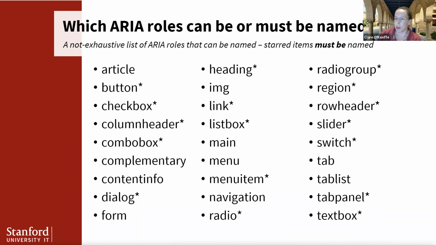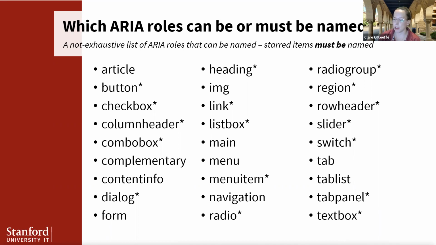So if you're using ARIA, any of these ARIA roles, this full list, and this is not a complete list on the screen, but this is a subset of the ARIA roles that can be given accessible names. And then the ones that are starred require accessible names. They must be named. So things like button, checkbox, column header, combo box, dialog, heading, radio, list box, slider, those things require names.